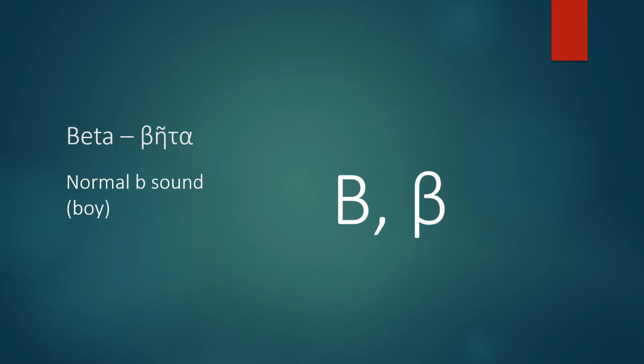Next we have beta, and it makes the normal B sound. Some of you might now be thinking I don't know what I'm talking about, because, well, this is actually vita. Well, there are different pronunciations of Greek, and this is the classical pronunciation. We will go over a different pronunciation system a bit later, though.